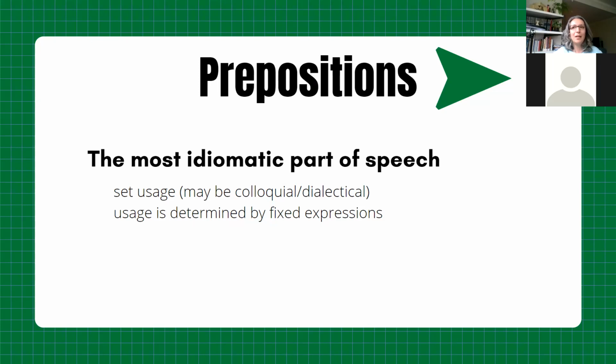And in each of those contexts, they have a set usage, might be colloquial or dialectical. It could be in fixed expressions that even though grammatically they make no sense, or if you analyze the expression itself it doesn't fit correct grammatical structure, nonetheless, we use that. And I don't think I have an example here right off.